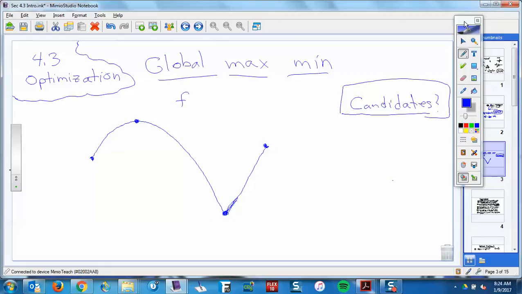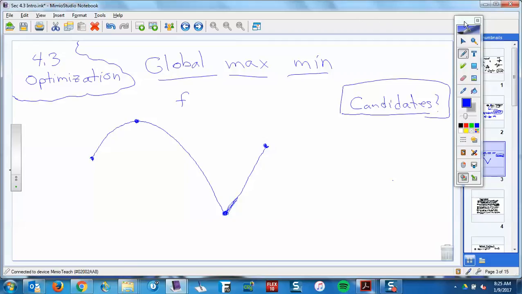So we can use optimization. That gives us one word instead of having to say max or min. So that's what we mean when we're talking about an optimization problem. Now, mostly we're going to be talking about global max min here, not local max min.